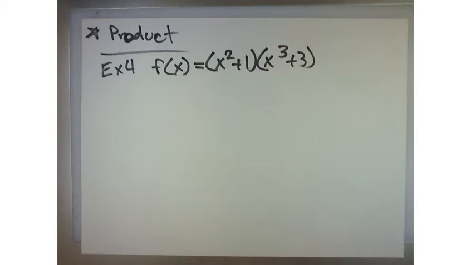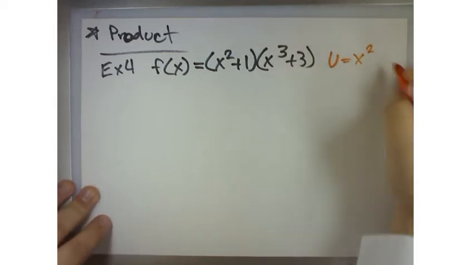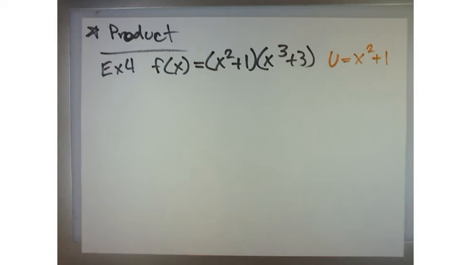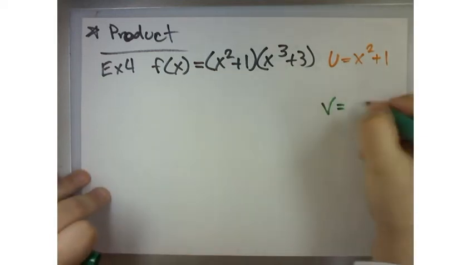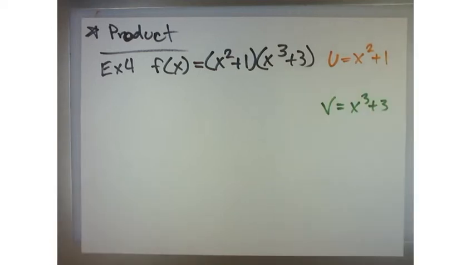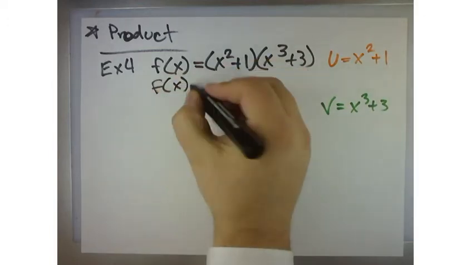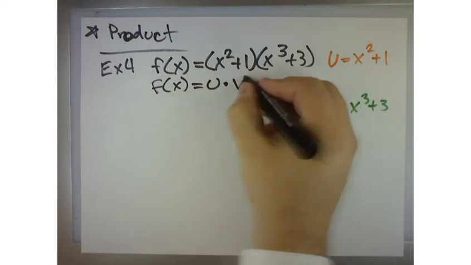So what I could do is let u equal x squared plus 1, and I could let v equal x cubed plus 3. Now if I want to find f prime, really what I'm saying is that f of x is equal to u times v.